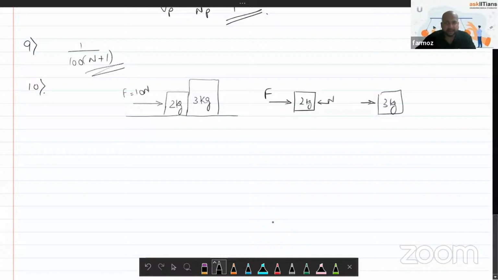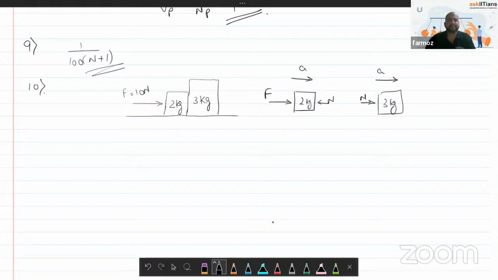They both will move with the same acceleration. So can I simply say that F is nothing but (MA plus MB) into A. That becomes 10 is equal to 5A, or A is equal to 2 meter per second square.